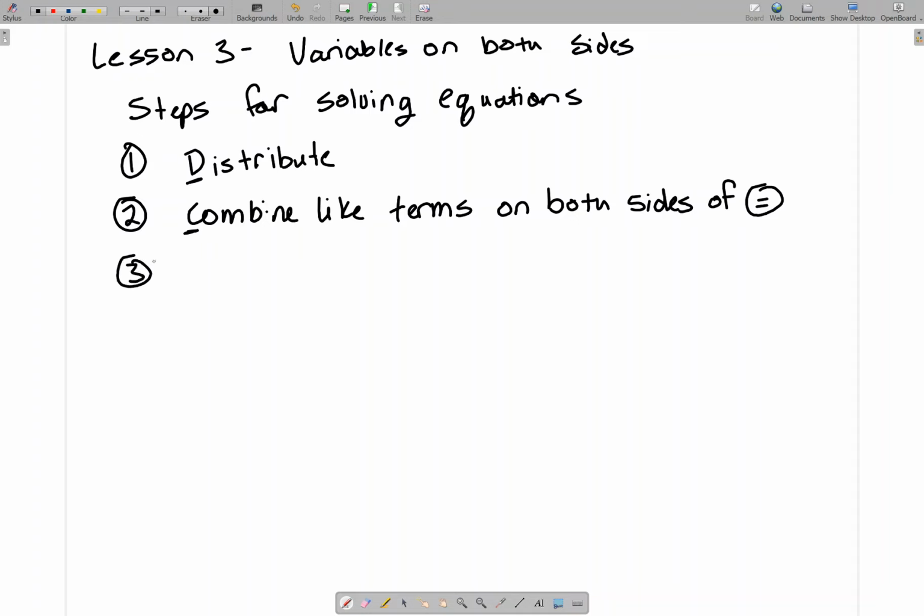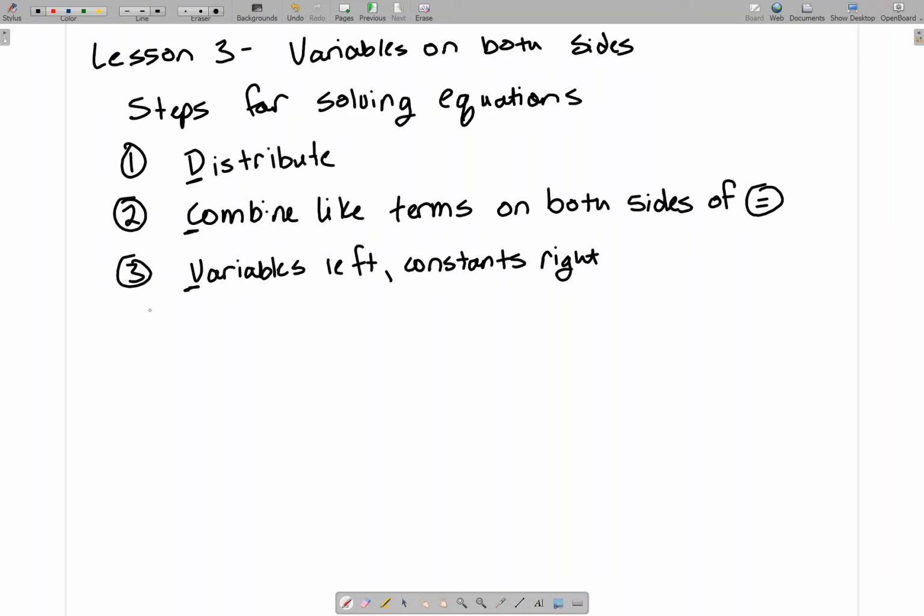And the third step is to move all of your variables to the left of the equal sign, and you want to move all of your constants, your plain numbers, to the right. So variables left, constants right. That's step 3.